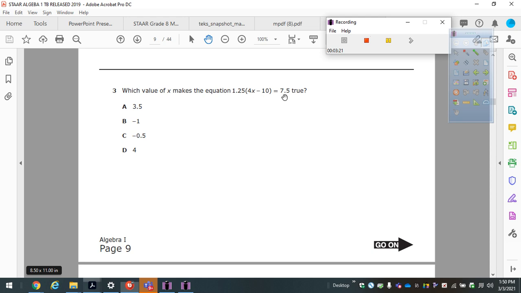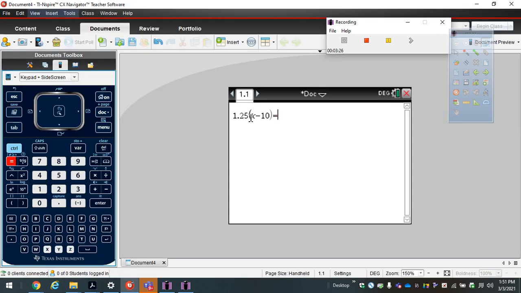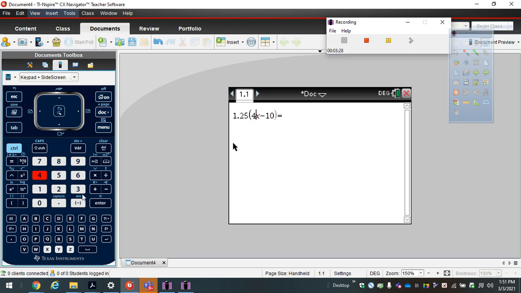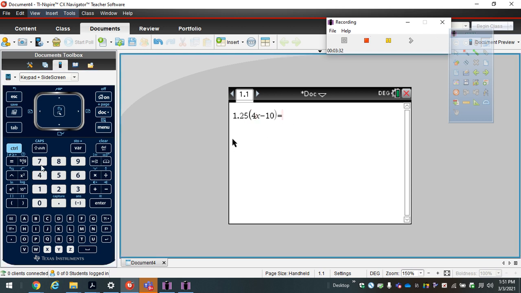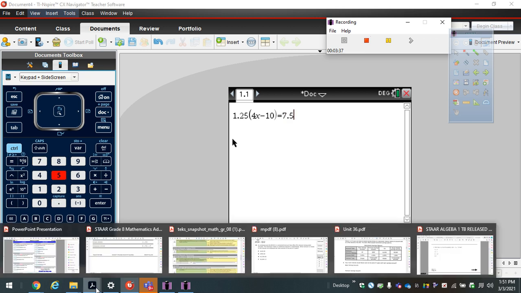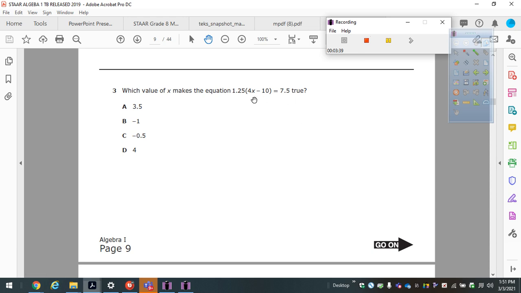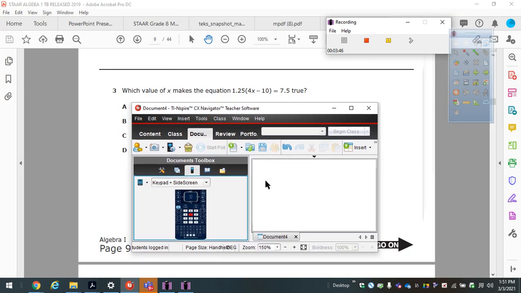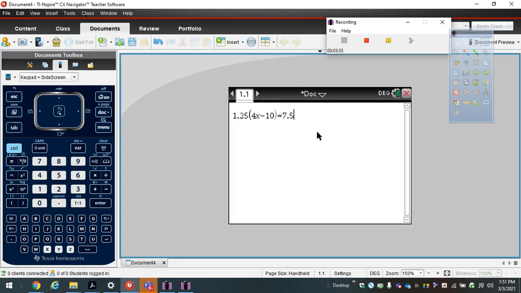No, 4x minus 10, 7.5. Okay, just double check that it's the same: 4x minus 10, 7.5, 1.25. I think it's right. Okay.